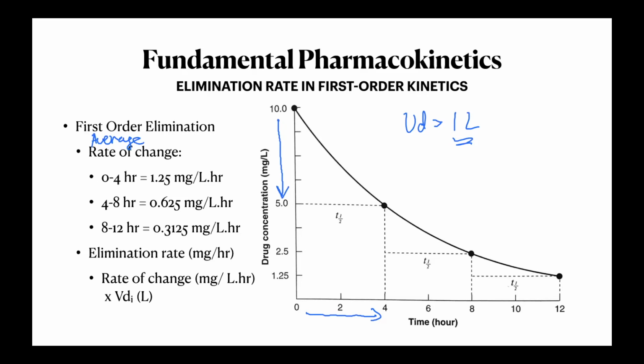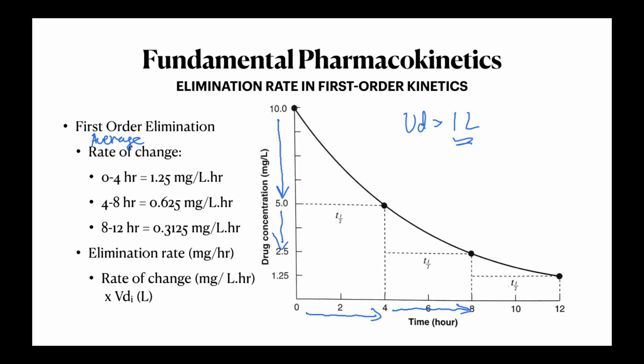And for a volume of distribution of 1, that's an elimination rate of 1.25 milligrams per hour. Now, for the second 4-hour period, where the drug goes from 5 to 2.5, that's a change of 2.5 divided by 4.